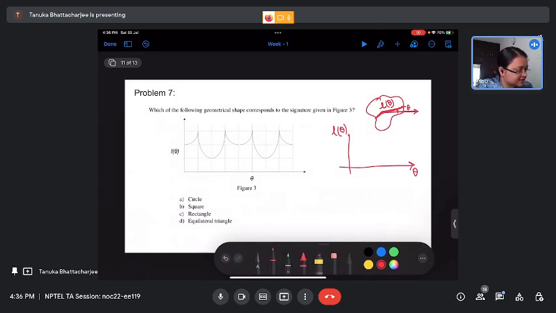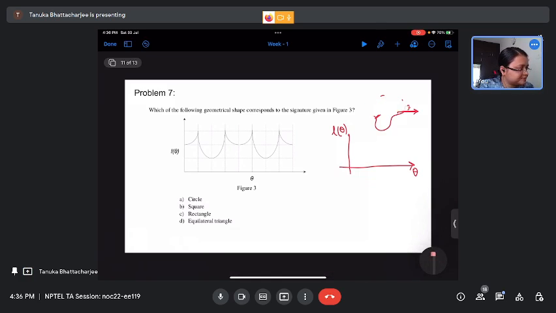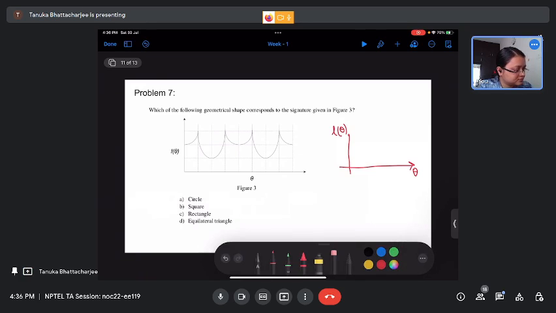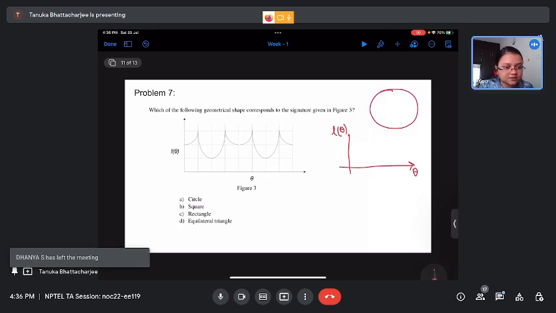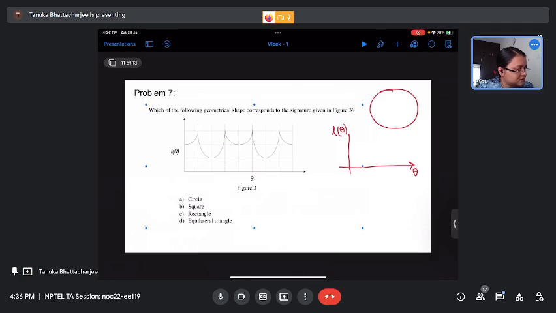Let's say we take the circle shape. Let's say we have a circle like this, and this is the centroid for it. Our reference direction will be like this. Let's say first we take this point.